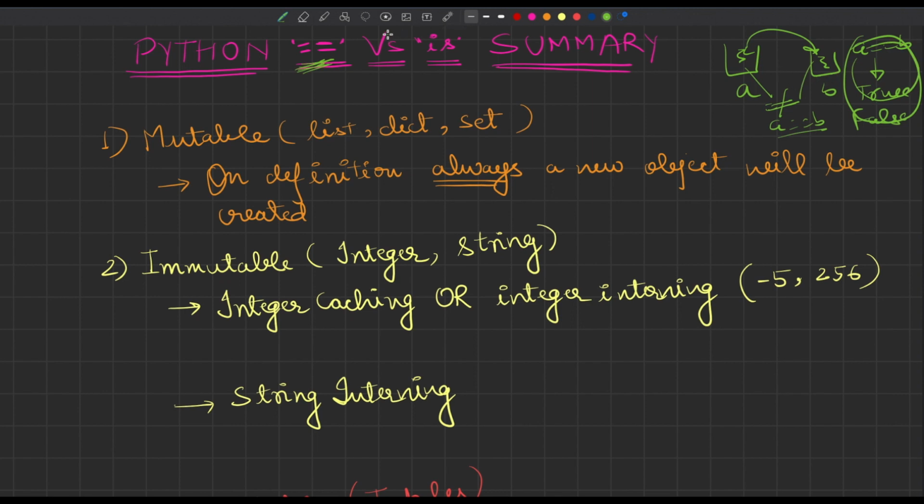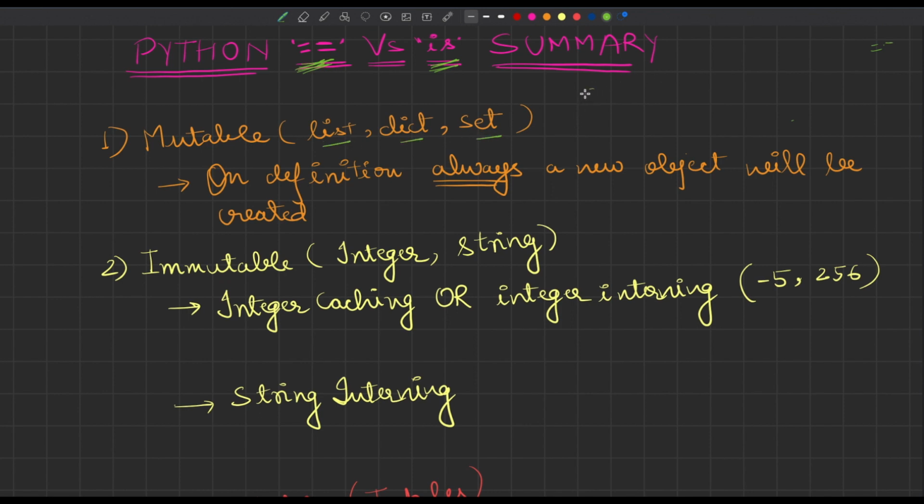The confusion or the problem arises when we use the is operator. That's what we are going to see. So let me clear this space again. In the case of the is operator, let's see the mutable types first. For all the mutable types, list, dict, set, if you create, for example, A equals some dict and B equals some dict, then Python is going to create a separate object at this point.